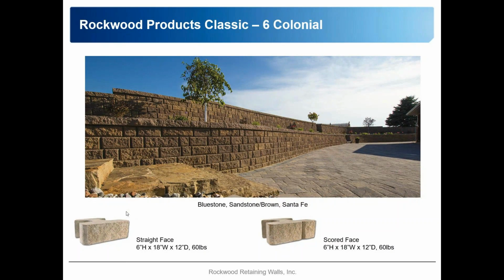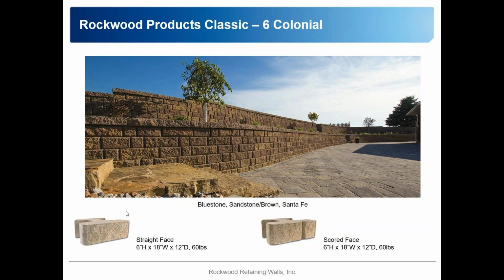Now, the Colonial face is also available in the 6-inch product and some of the other Rockwood products that we're going to be previewing in just a minute. But again, you can see in the 6-inch, that lower profile for lower height walls really gives it a look where you're not seeing the same pattern of a running bond over and over and over.